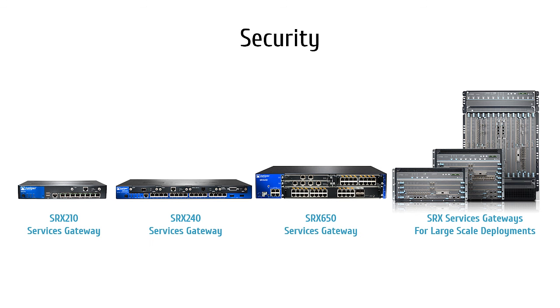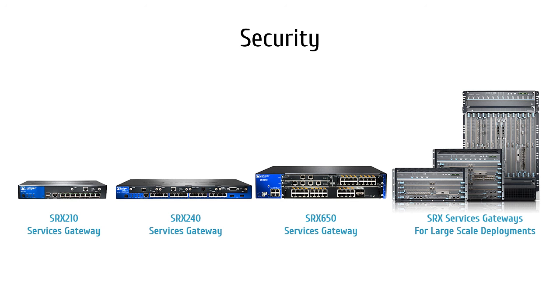Alright, and finally we have the security devices. When we're talking about security with regards to Juniper, we are usually talking about the SRX platform. That's right. The SRX line of products are not considered routers, and they're not really considered firewalls either. They are classified by Juniper as services gateways, mainly because the SRX is such a versatile and powerful platform.